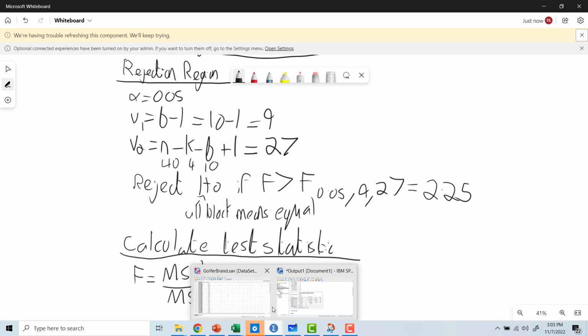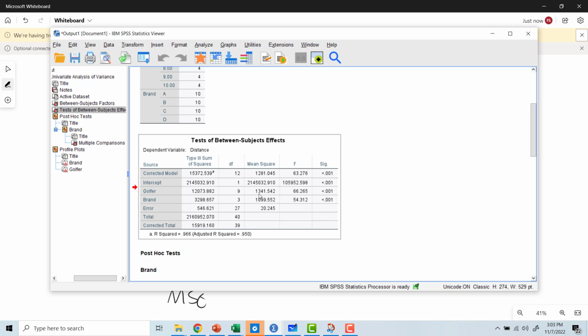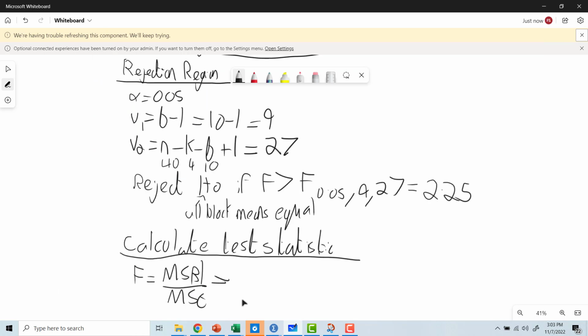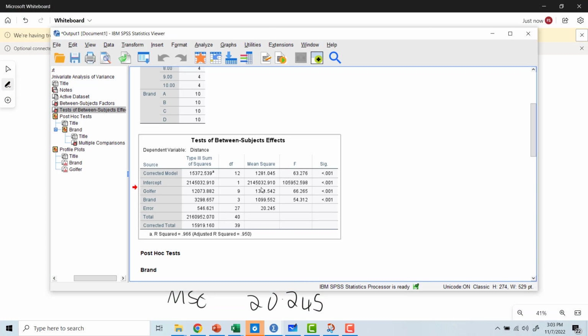Let's just get SPSS up. The golfer is a block, so it's going to be 1341.542 all over the error, which doesn't change, so it's 20.245. Let's just see if I've remembered that correctly. Yeah, 20.245. And the result for the golfer is 66.265.